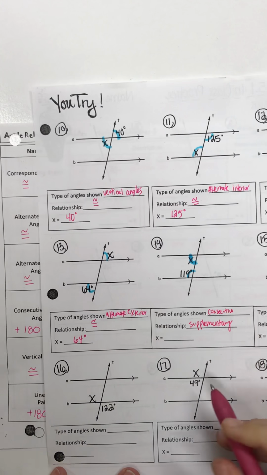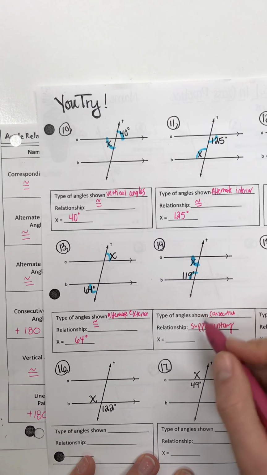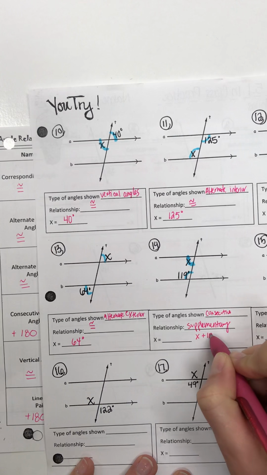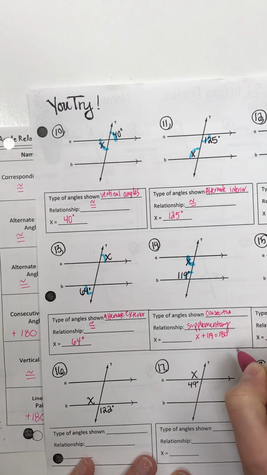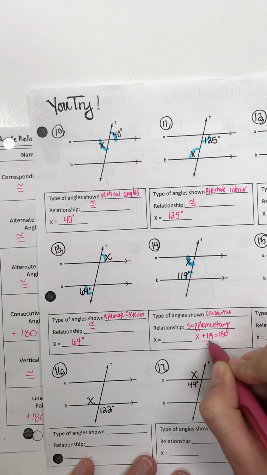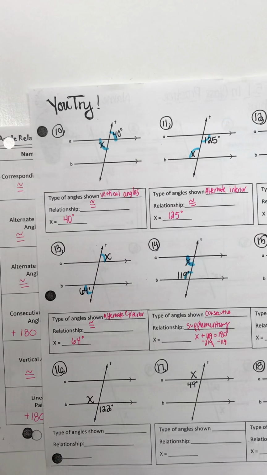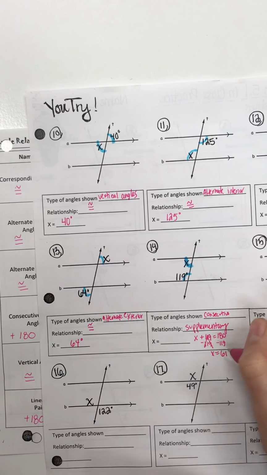And if angle x and angle 119 have to add to be 180, I'm going to create an equation. X plus 119 equals 180. And then this is a one-step equation that we can easily solve by subtracting 119 on both sides. 180 minus 119 gives us x equals 61.